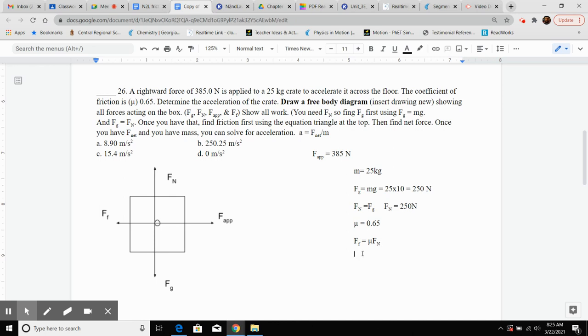We're given everything that we need there. So we have 0.65 times 250, which comes out to give us a friction force of 162.5.